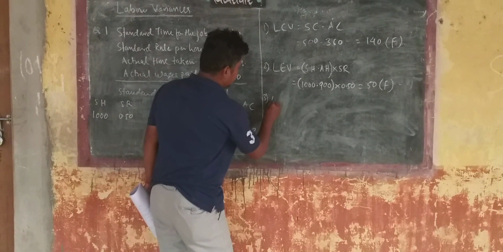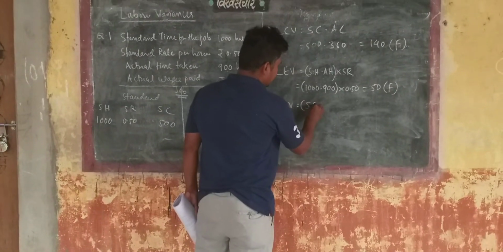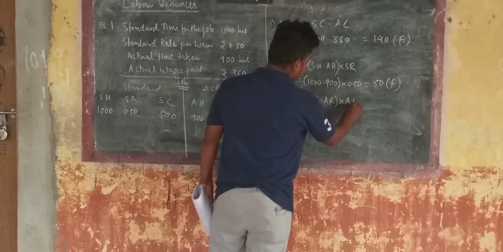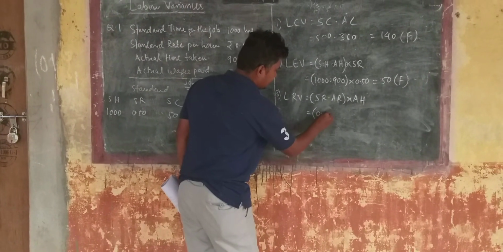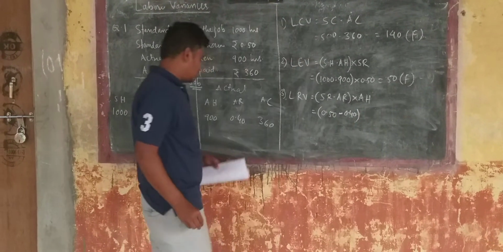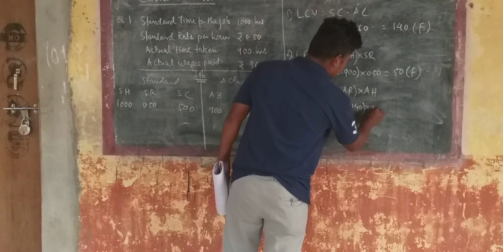The third variance is labor rate variance. That is the difference of rate: standard rate minus actual rate, into actual hours. Standard rate is 0.5, actual rate is 0.4, and actual hours are 900.